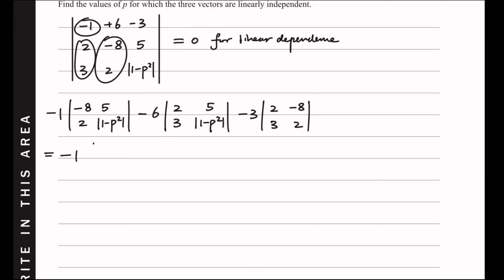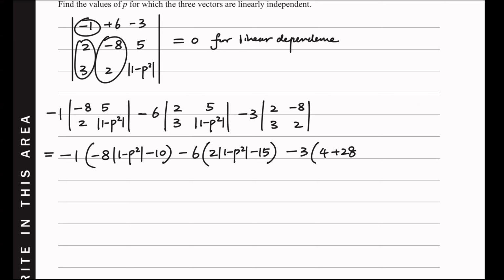It equals minus 1 times minus 8 absolute 1 minus p squared minus 10. Take away 6 times 2 lots of 1 minus p squared minus 15. Take away 3 times 4 take away 24, that is plus 24, okay?